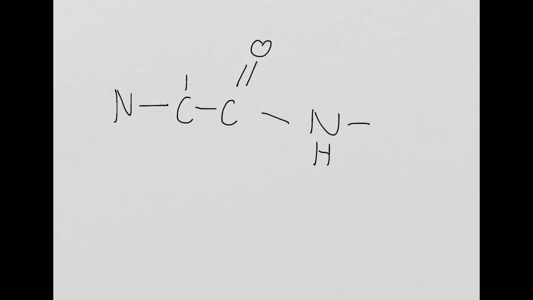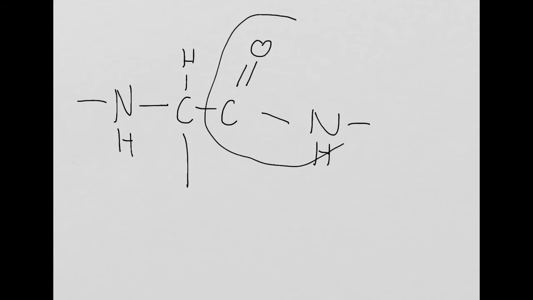So we have CO, we have NH, C, NH, something like that. And then our amino acid, which is in these peptide bonds, you recognize this as a peptide bond. That's the backbone of your protein.